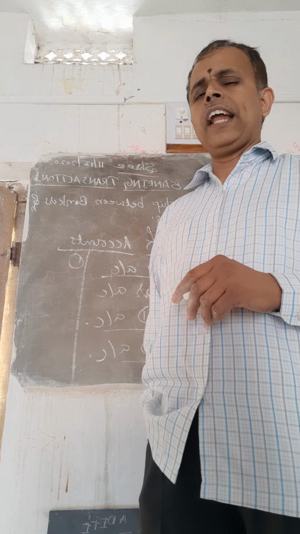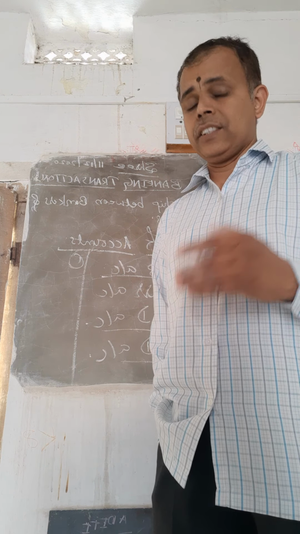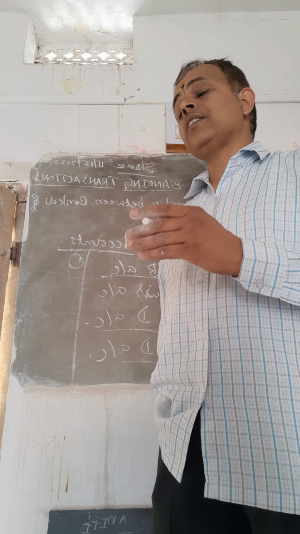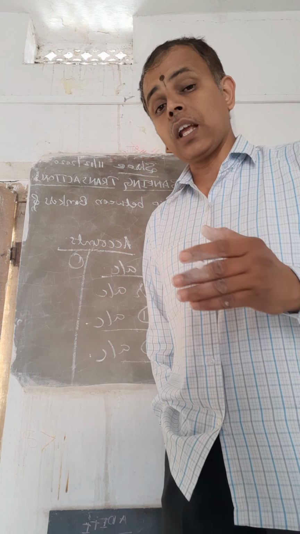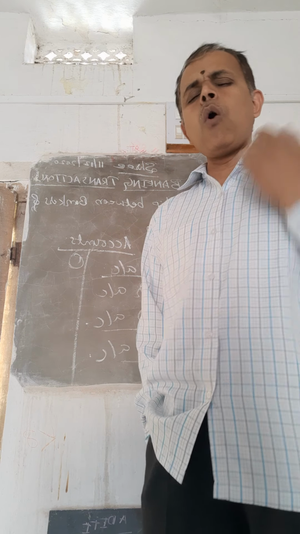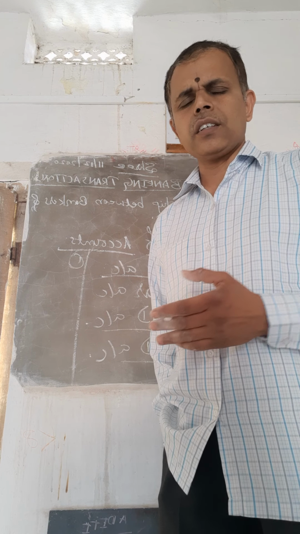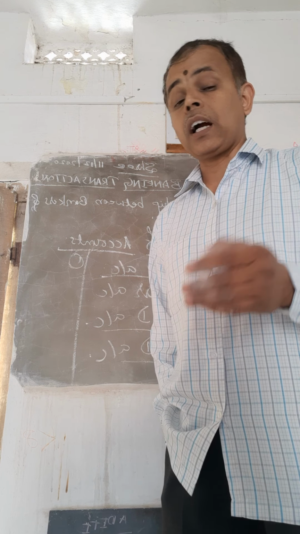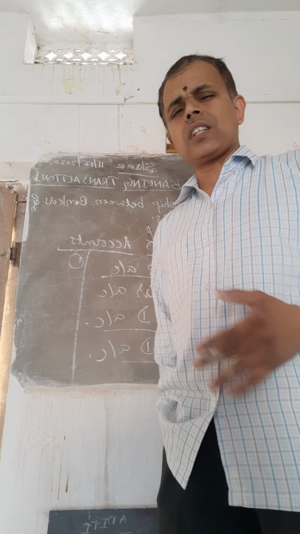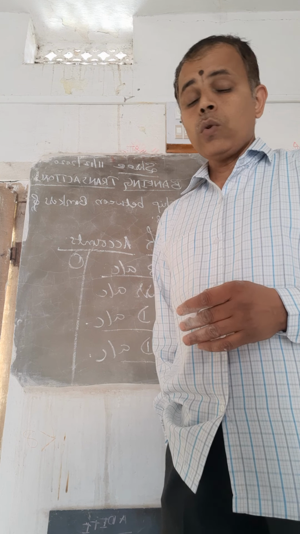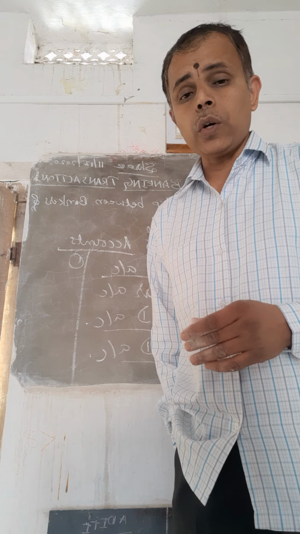Lunatics, meaning who is not sound of mind, cannot open an account. If a person is a drunkard, who is drinking all the time, he cannot open the bank account. Only that person is not having the authority.